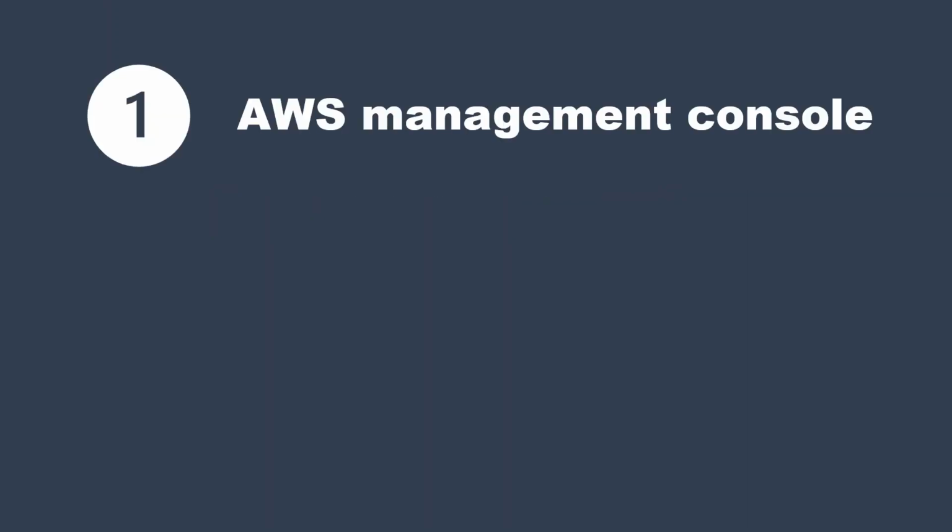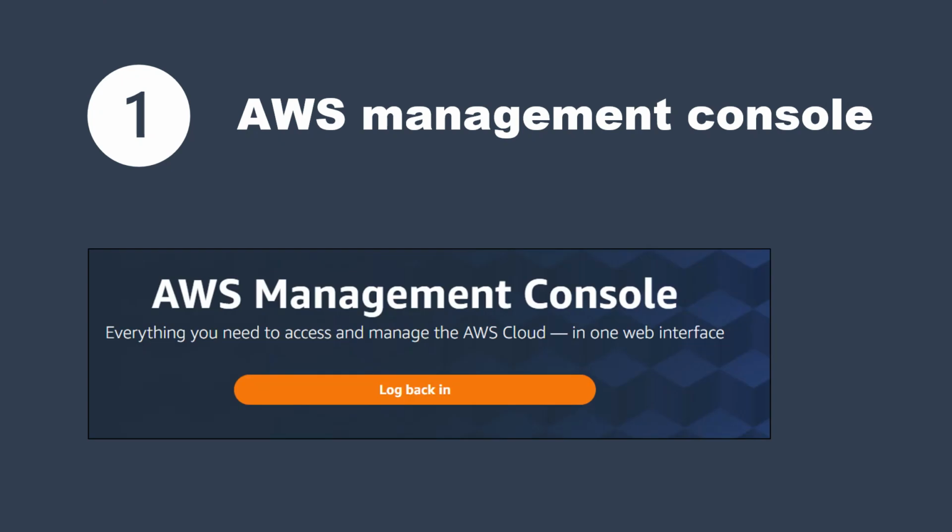So, as you all know, the first way that we can access AWS is via the AWS Management Console. For those of you that are probably wondering what this is, it is simply what we've been using in the last set of videos, where we have been logging in, creating our IAM user, enabling multi-factor authentication, and so on.